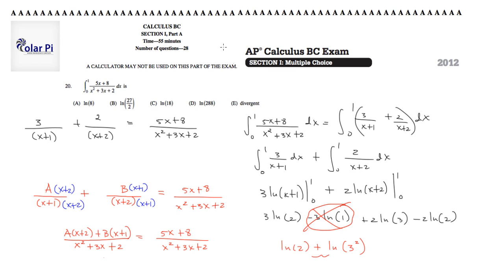And of course, using the multiplication rule for logs, we can write that sum as a product of 2 and 3 squared inside the argument of ln. And this is clearly the prime factorization of 18. So this is ln of 18, the correct answer choice C. All right, I hope this helped. Take care.